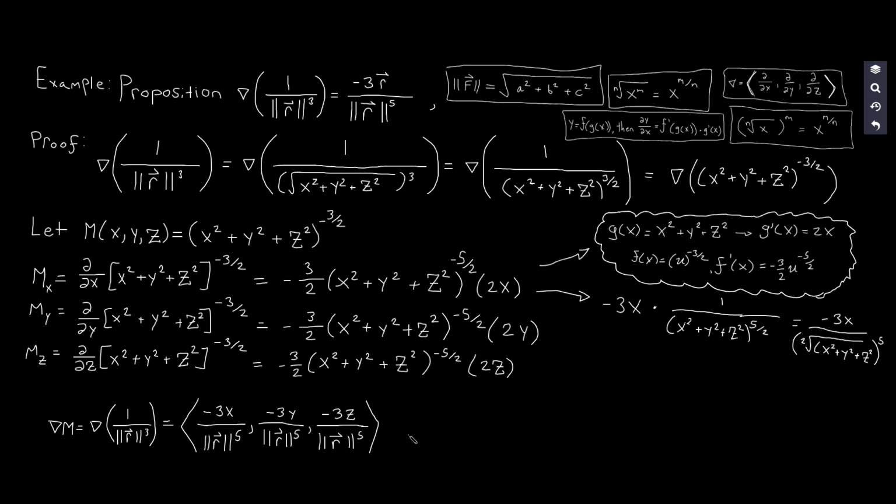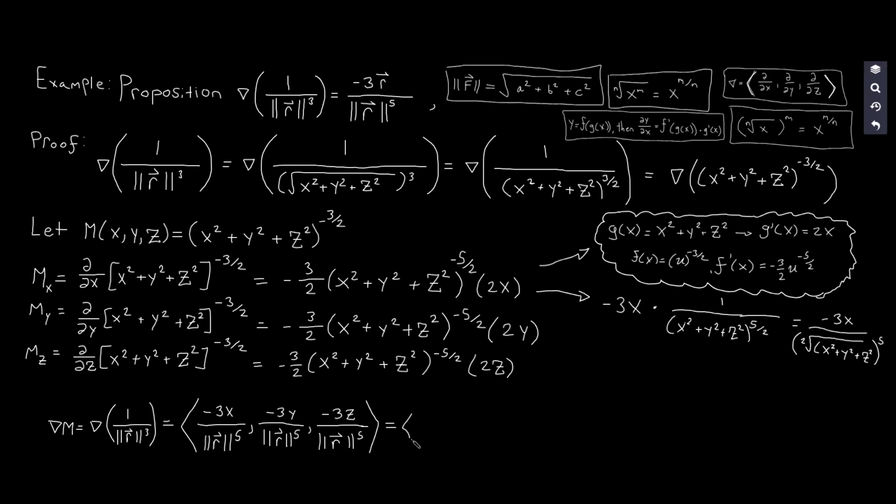But now the proposition is that this thing, the gradient of 1 over the magnitude of vector r raised to the third power, equals negative 3 times vector r over the magnitude of vector r raised to the fifth power. This doesn't look like that yet, but since this is a vector, we can actually factor this x, y, and z out because everything else is the same.